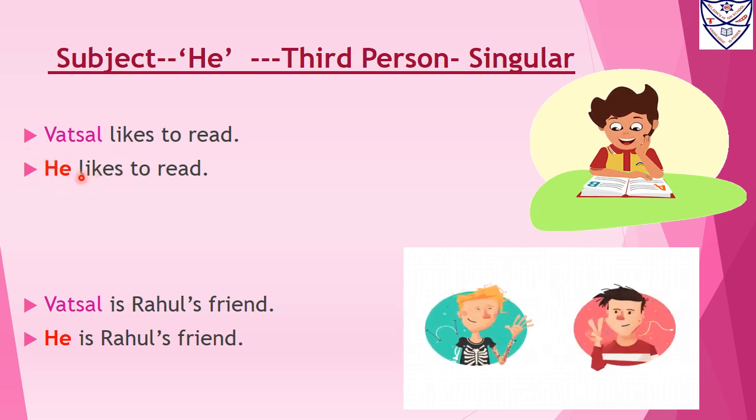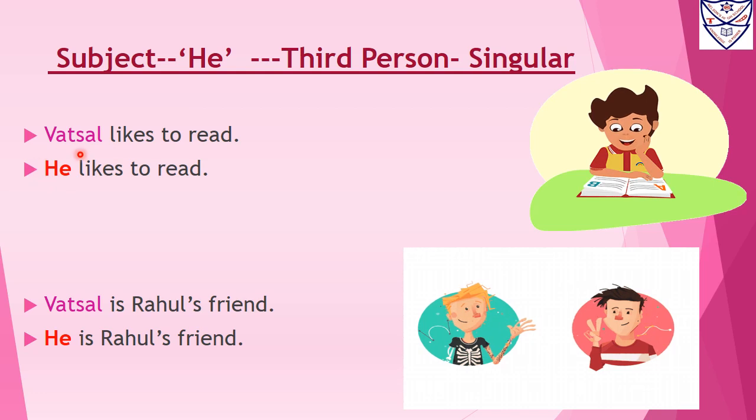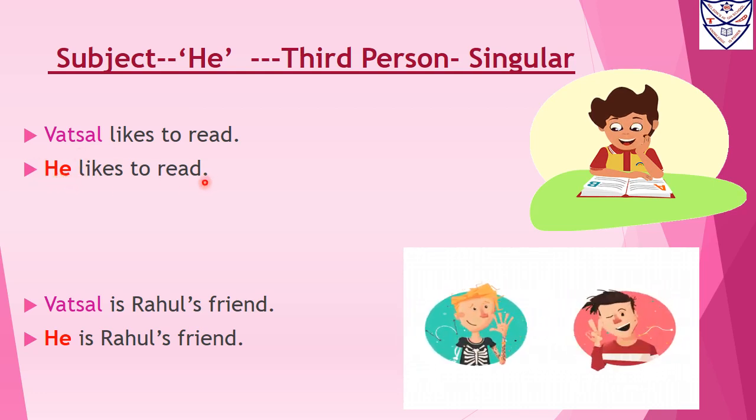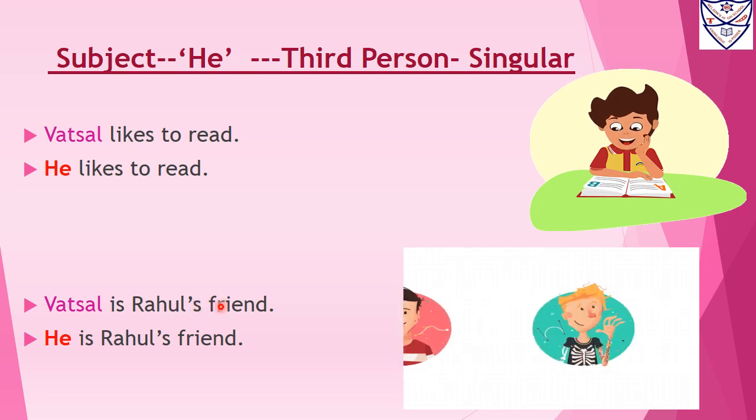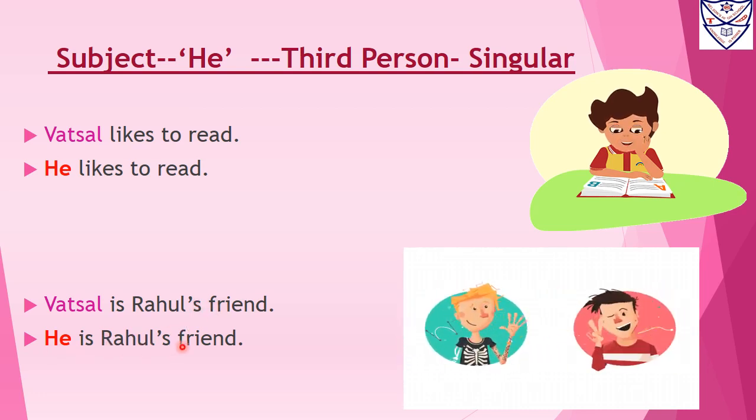If we are talking about a boy or any male person, man, old man, young man or a boy, at that time I will use the word he. So instead of Vatsal, we have used he. He likes to read. Vatsal is Rahul's friend. So we'll say, he is Rahul's friend. Instead of Vatsal, we have used the word he because Vatsal is a boy.